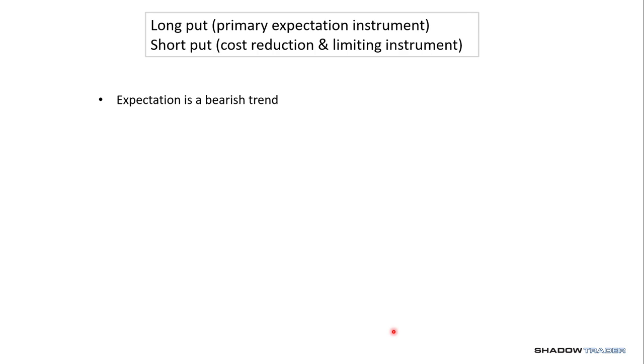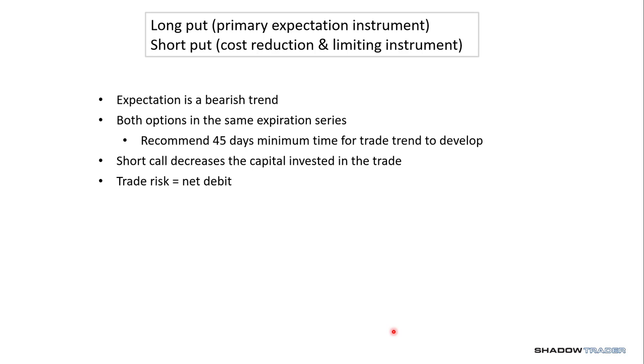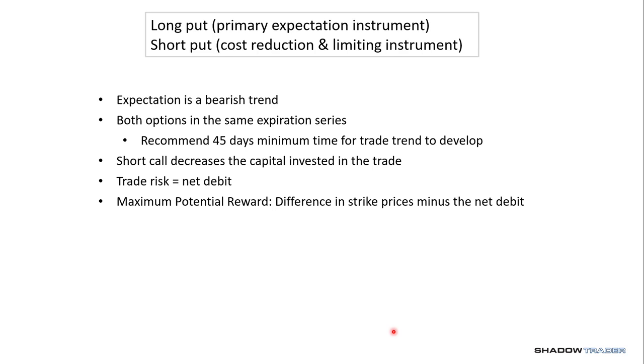Our expectation for the equity is bearish. Both options, again, same expiration series. Recommendation is that you use 45 days or longer to let the trend develop. Our risk in the trade is just the debit that we paid. The short put just reduces that capital invested in the trade, but also limits the maximum possible return.